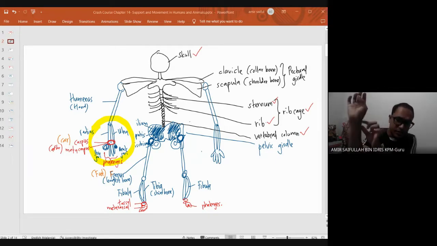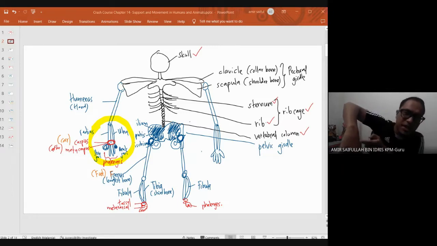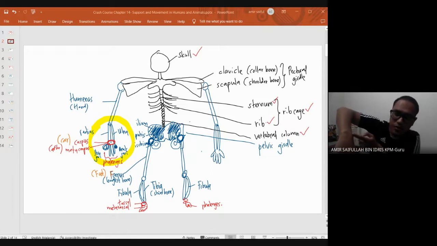Next. Dekat sini, pergelangan tangan kamu, kita ada carpus. Okay? Carpus. So kalau tengok tangan ini carpus. So, bawah daripada carpus kita panggil metacarpus. Below carpus is metacarpus.